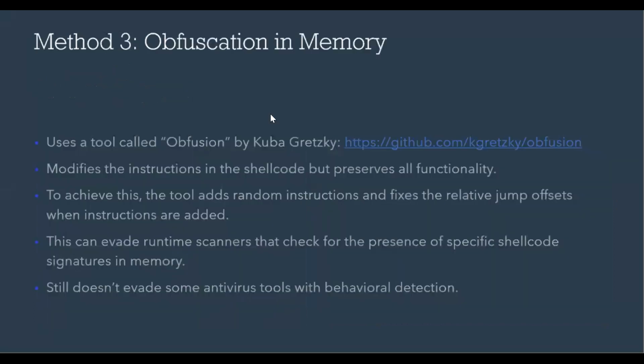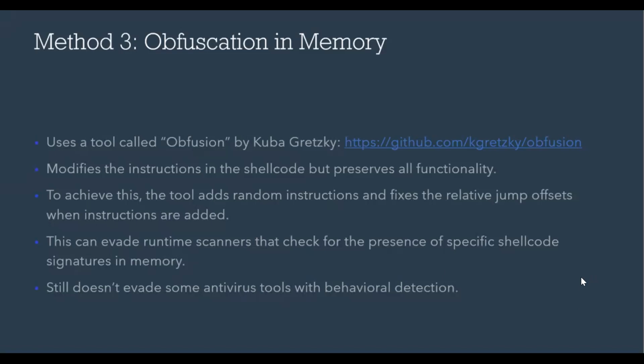So the third method that I used to evade antivirus tools is obfuscating shellcode in memory. What I mean by this is you take a given shellcode, and then you add additional trivial assembly instructions to the shellcode that don't change its functionality at all. They're just junk instructions, but it preserves the functionality.